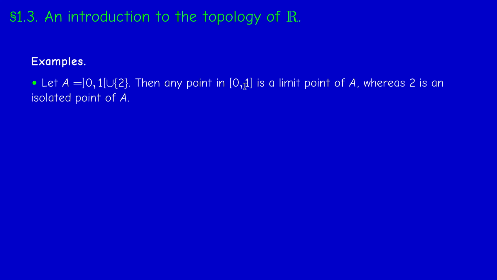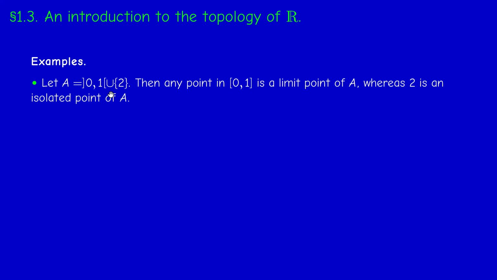Any point in [0, 1] is a limit point of A. Why? Just do a picture. If you take an element in [0, 1] and consider any neighborhood of that point, then it meets A at a point different from x, just because an interval contains infinitely many points.